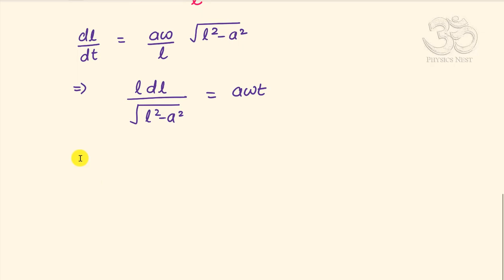Now this can be solved very easily using a basic substitution. You can take L squared minus a squared as some new variable, z, so L dl is equal to dz by 2.